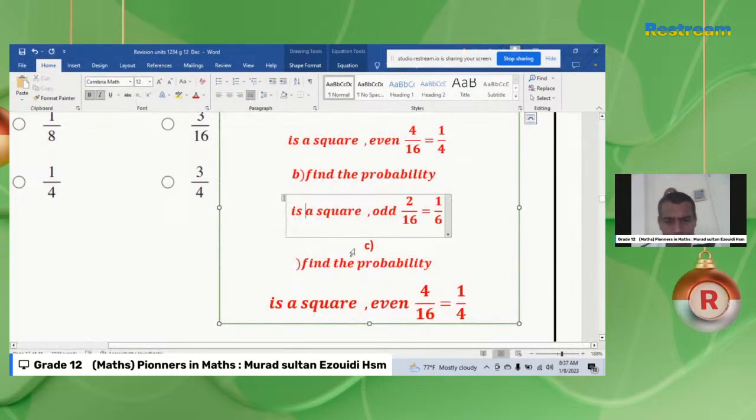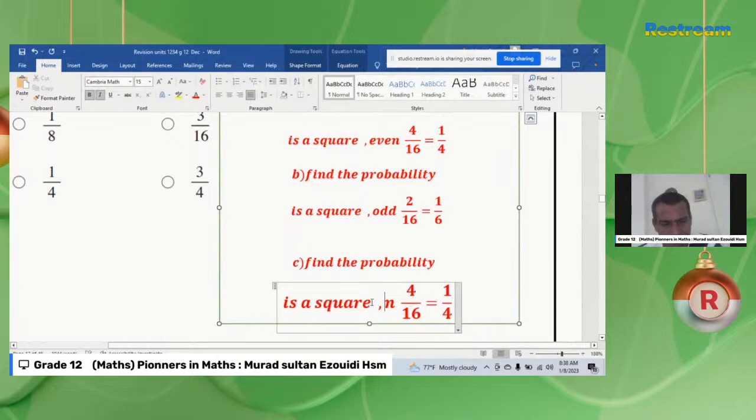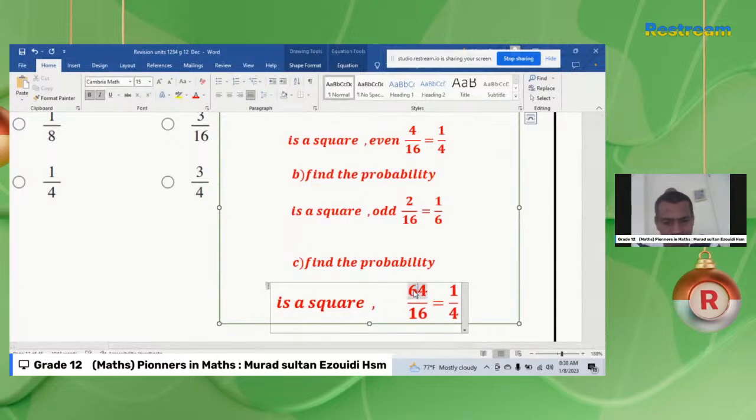Therefore, this is question C. Try to find the probability that it is a square number, even or odd. So we are going to write 6, because there are 6 outcomes over the total possible outcomes, which is 16.